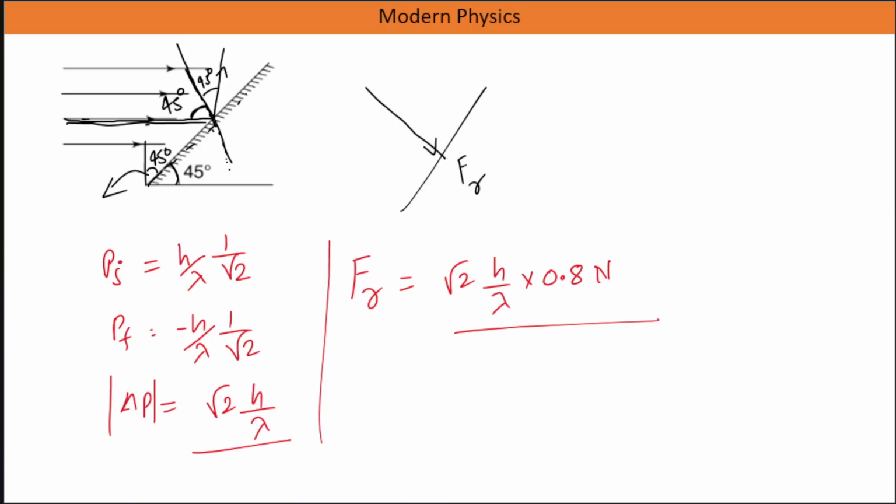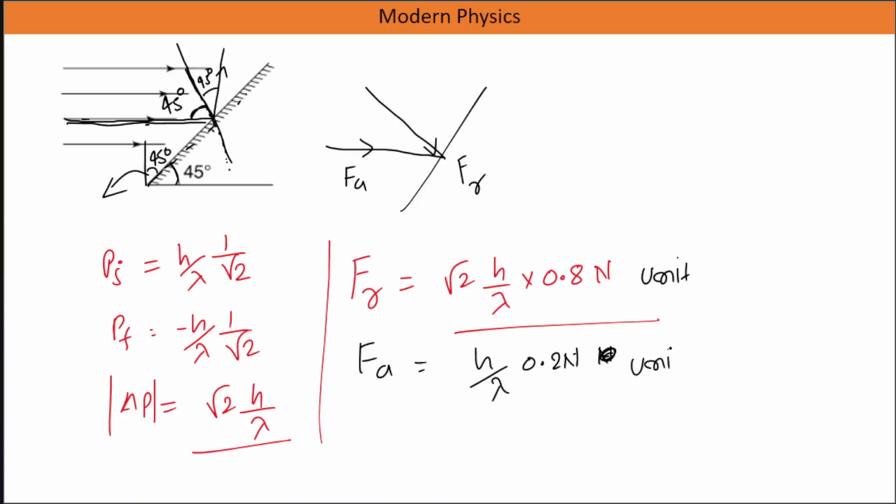Now look, this force we know, and the another force is what? Another force is acting because of absorption, and that is equal to Fa, and the Fa value is h by lambda 0.2 n Newton. Okay, so this is n Newton, again that will stand as n, but let's call it this unit.